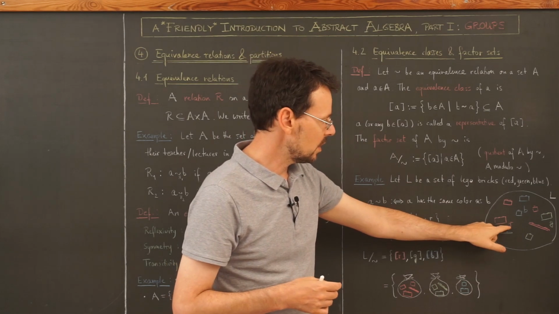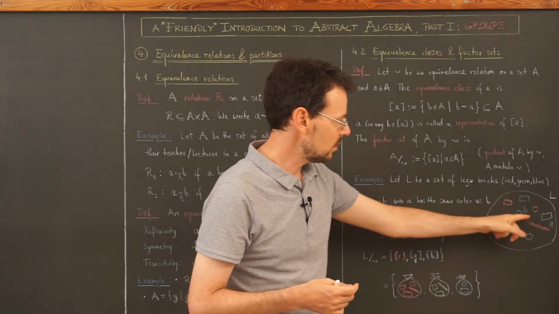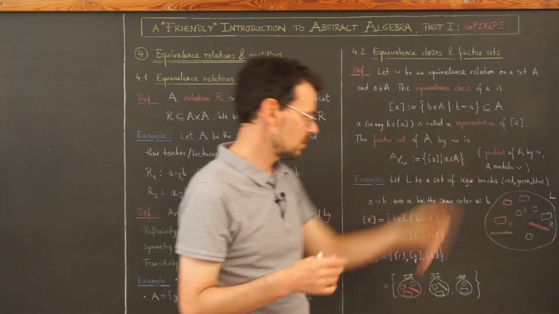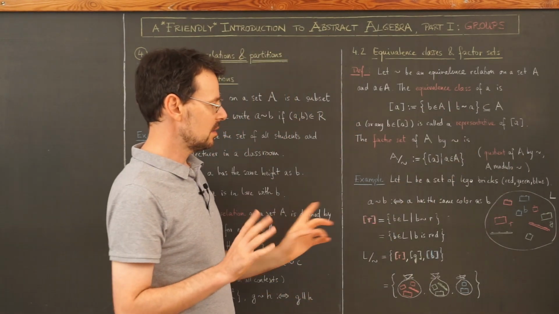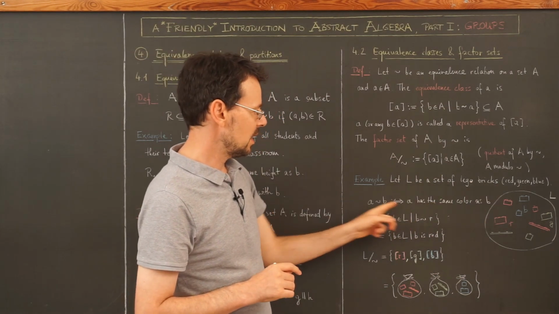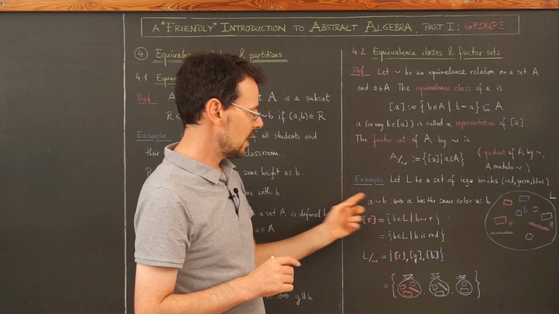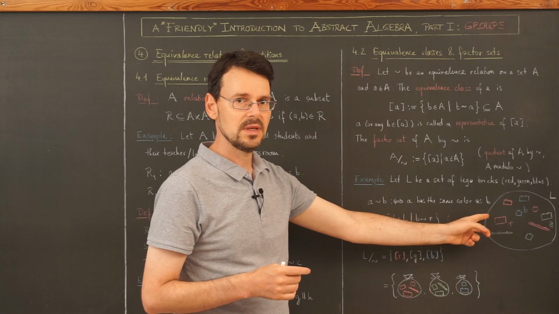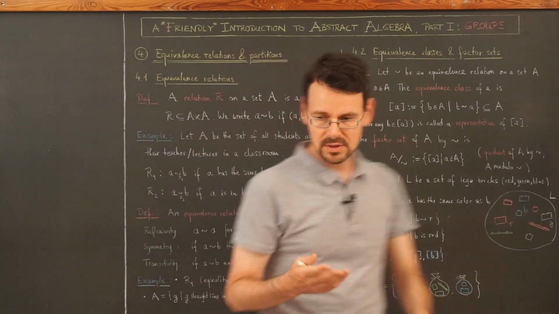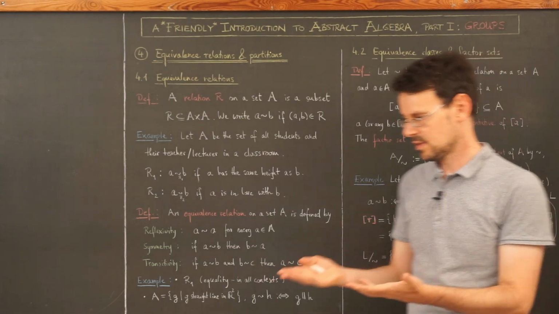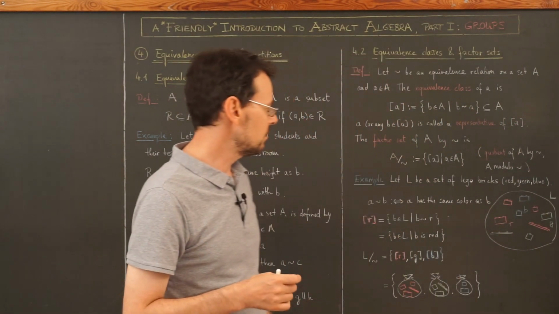This one brick here I call R. It's a red one. This one here is B. This here is G. This would be R2, R3, whatever. Now I can define a relation on this set by saying a tilde b, or a is equivalent to b, if a has the same color as b. This is clearly an equivalence relation because it is nothing but equality. Having the same color defines an equivalence relation.